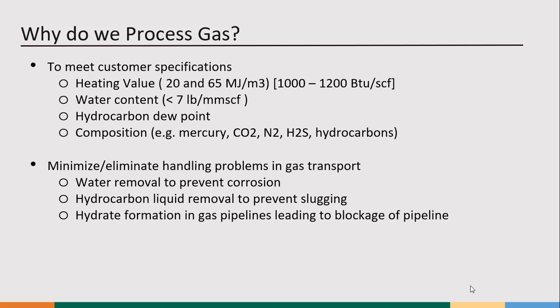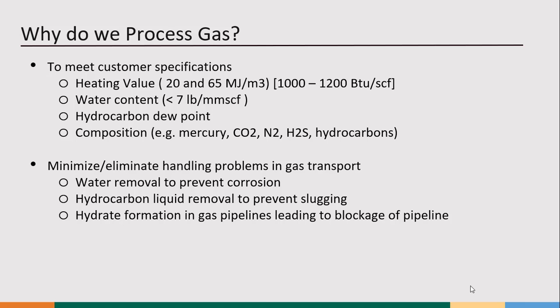The main thing is that we want to eliminate these, but definitely we cannot eliminate them, so we minimize the handling problems, because gas can only be handled through pipelines. There is no kind of container, by truck or by ship, to transport the gas.